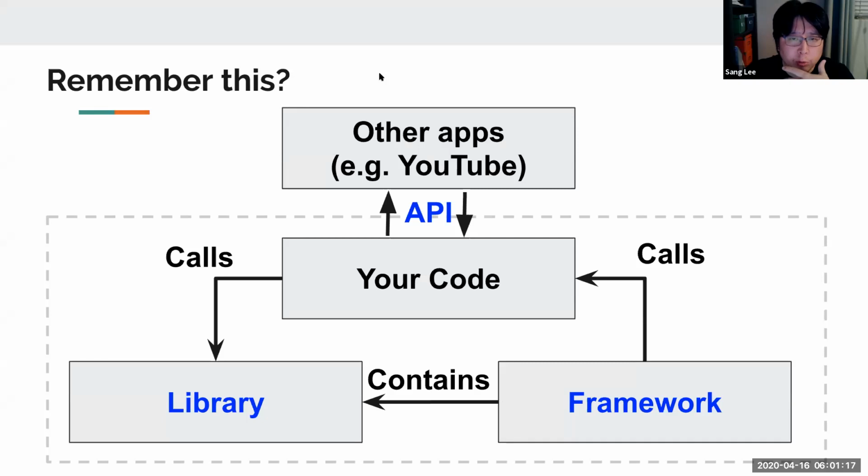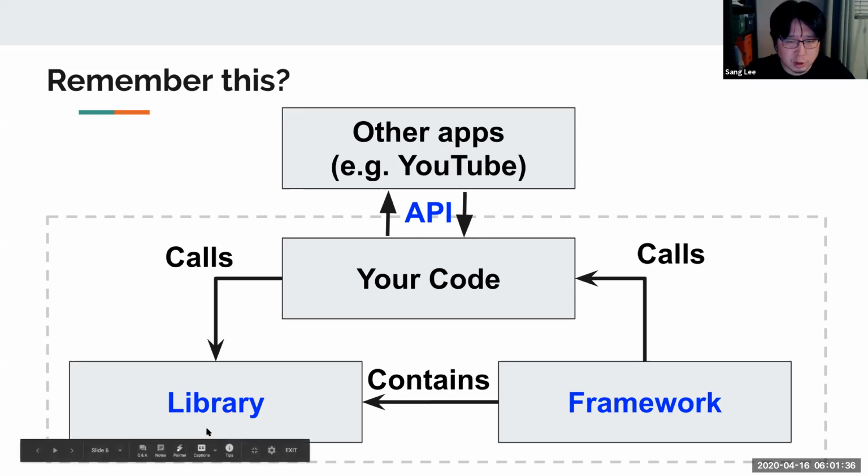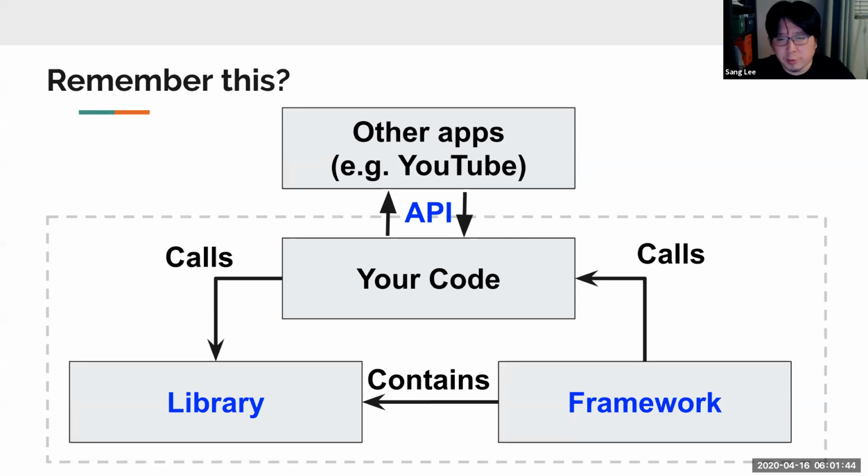Before we go into React, I would like you to remember this particular slide that we looked at, I think in week 3. We used this to differentiate API, framework, and library. jQuery is a library, something that we include in our code, and then you are able to call the helper functions inside the library. An API is about communicating with other apps. I hope you watched the lecture last time.